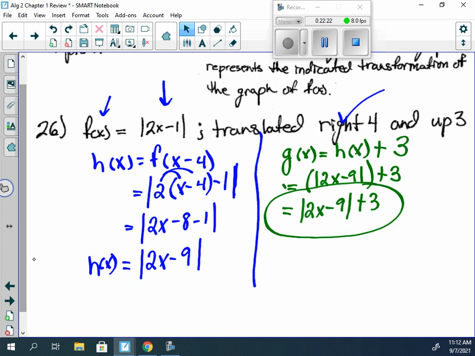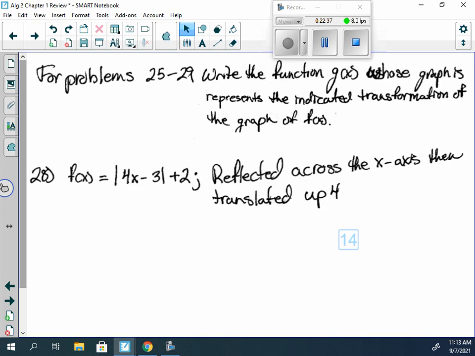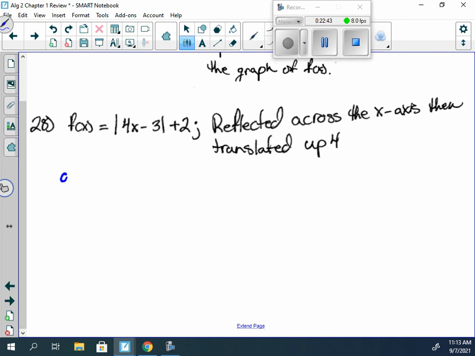Any other questions on 25 through 31? Reflection across the x-axis and then translate it 4 units up. So our reflection across the x-axis is going to be our negative f of x.